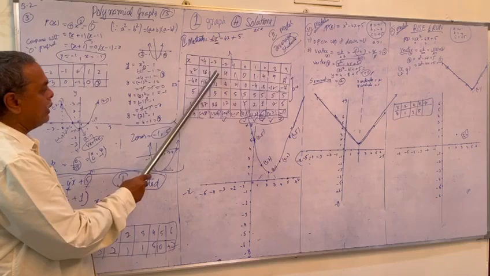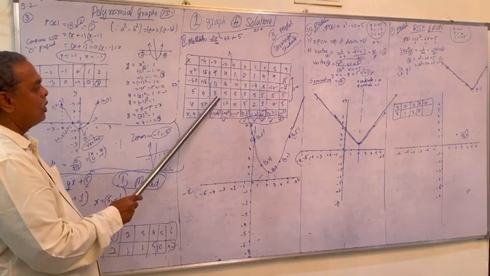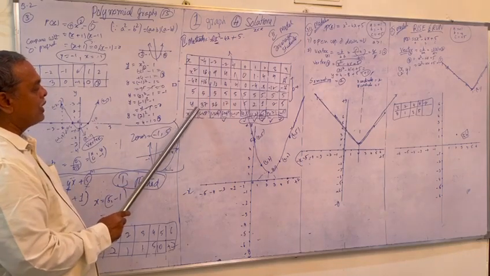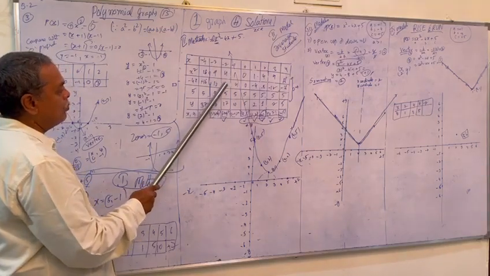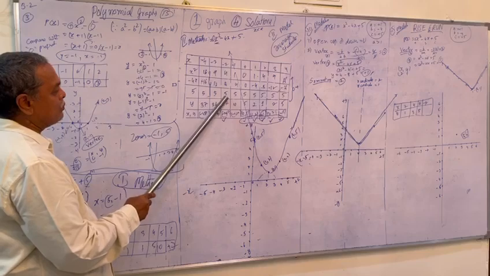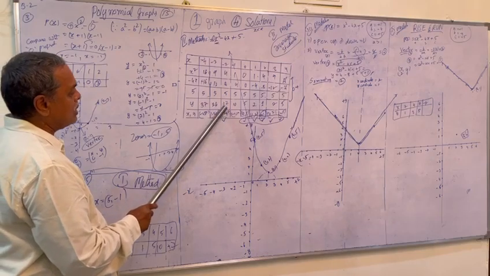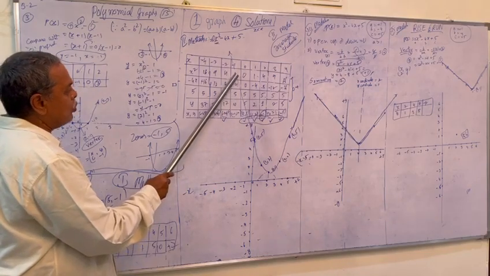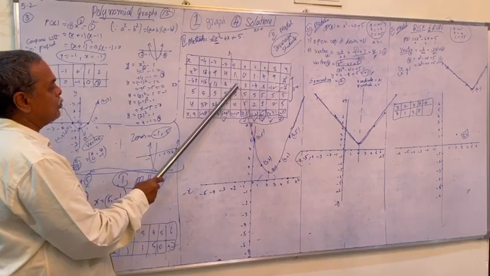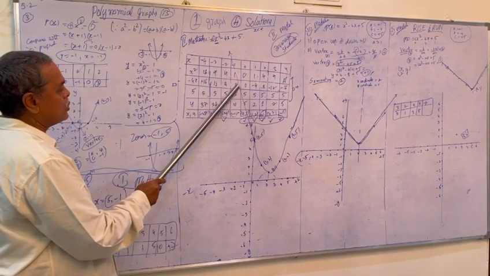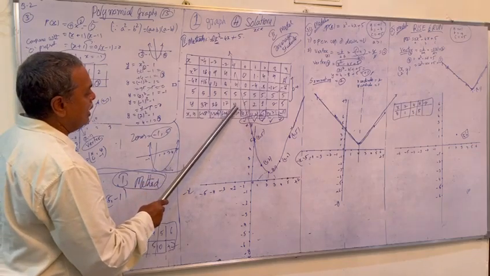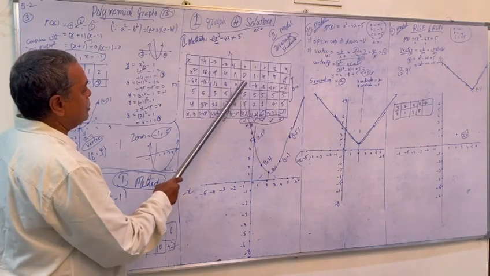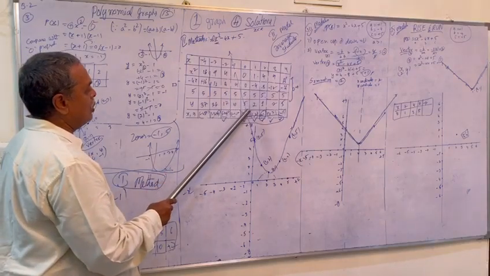Next x square 9, minus 4x 12, plus 5 gives 26. Then x square 4, minus 4x 8, plus 5, total it gives 17. Next x square 1, minus 4x plus 4, plus 5 is 10. Then 0 plus 5 is equal to 5.